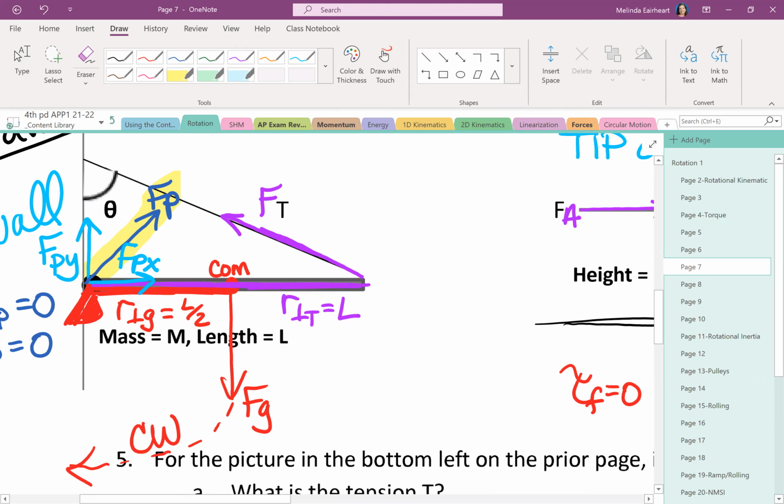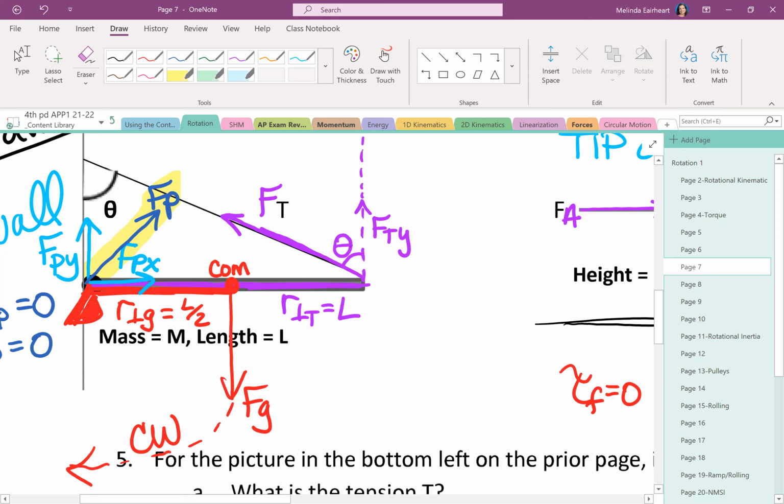I'm going to make the whole length a horizontal lever arm, meaning I need a vertical component of that tension, because the vertical component is perpendicular to a horizontal lever arm, yes? Now, if we think about, well, that's a vertical plane, just like the wall, alternate interior angles. I think I'm using correct verbiage.